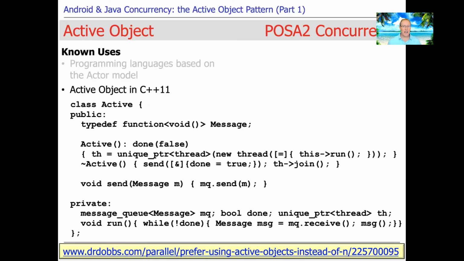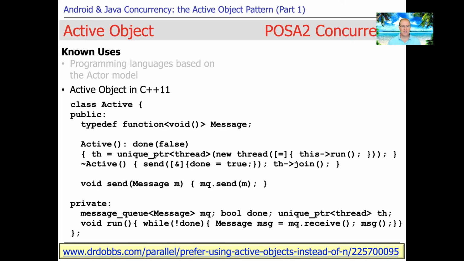Various languages and libraries provide support for implementing active objects. With C++11, you can implement active objects using a technique like what I show here. If you want to learn more about this particular example, take a look at the link at the bottom of the slide. But basically, it's creating an active object that has a message queue. When you send a message, it's going to enqueue the message onto the message queue.